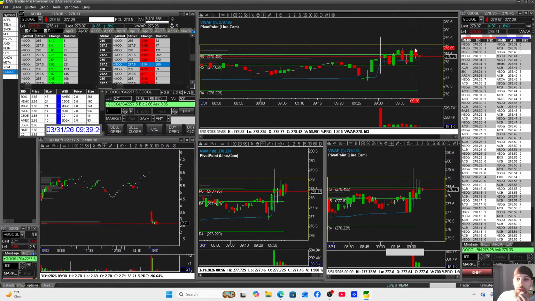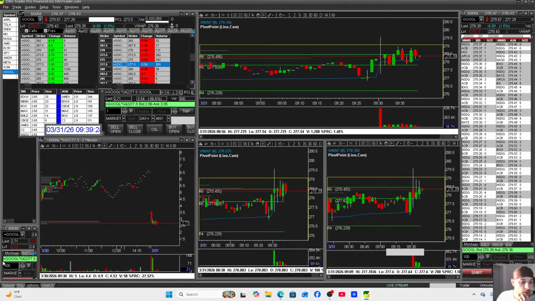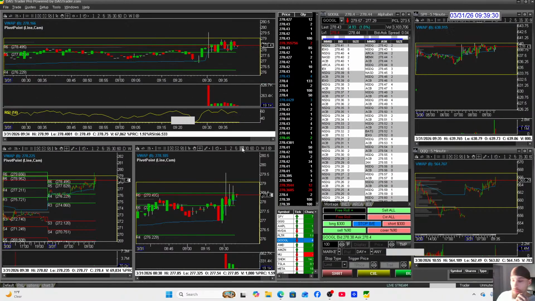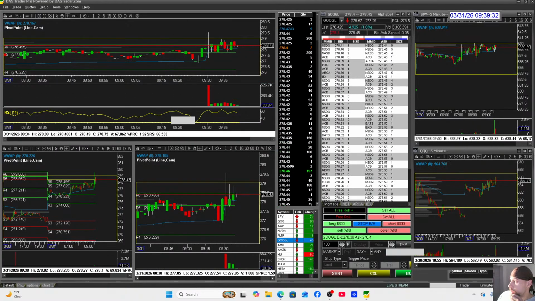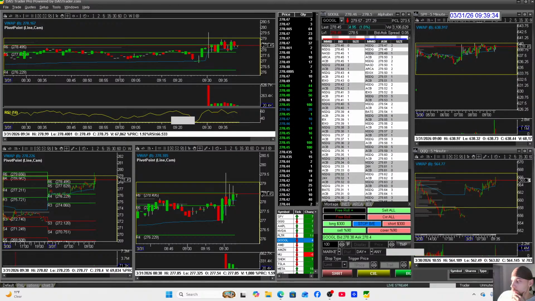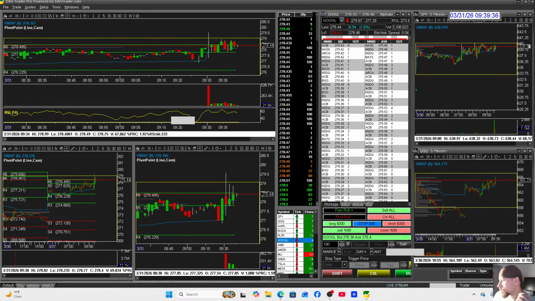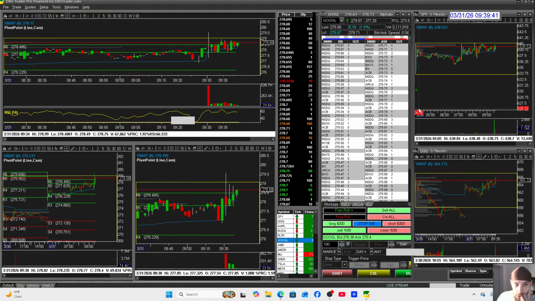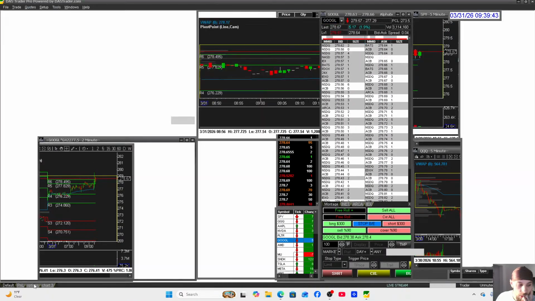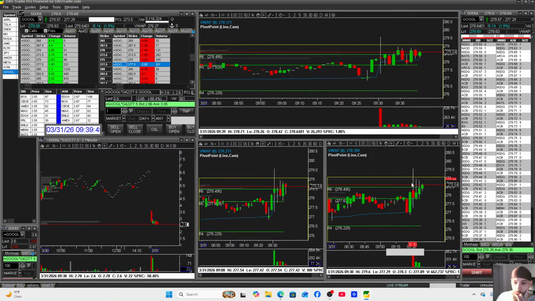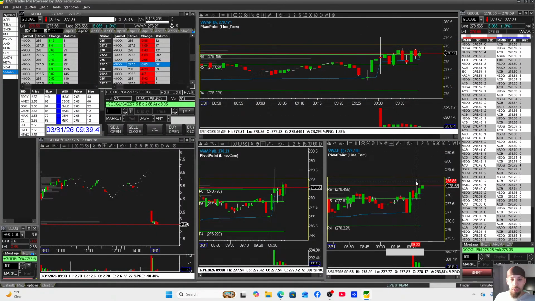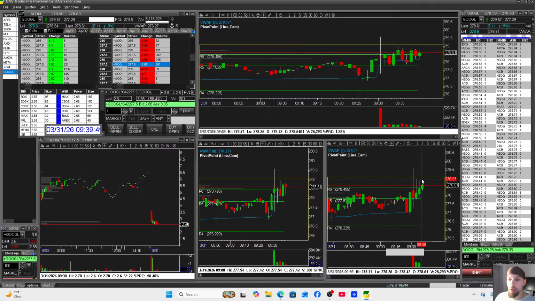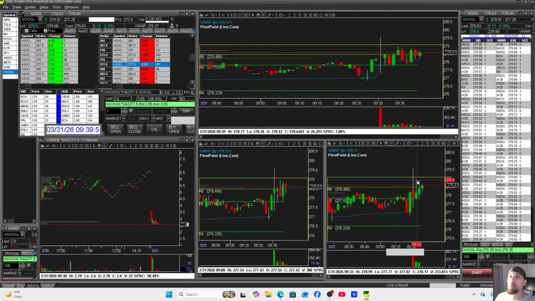Still just waiting. I want to see what it's going to do with that range. Keeps thinking about it, but this 3 minute keeps getting some good selling pressure around 278.